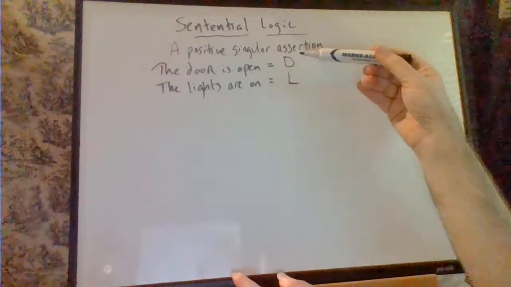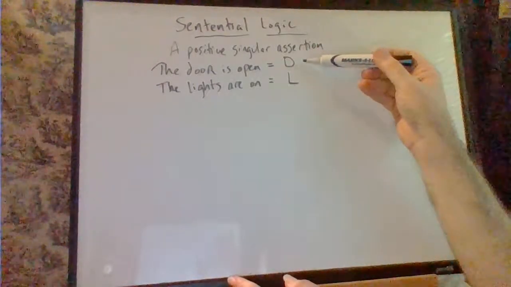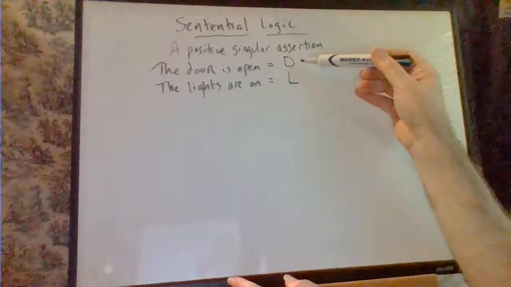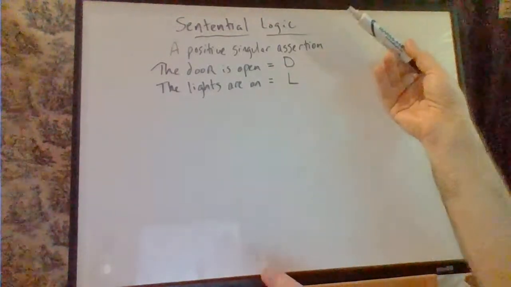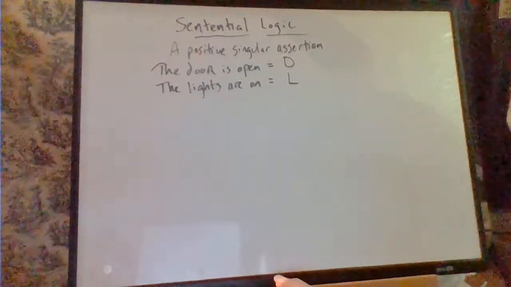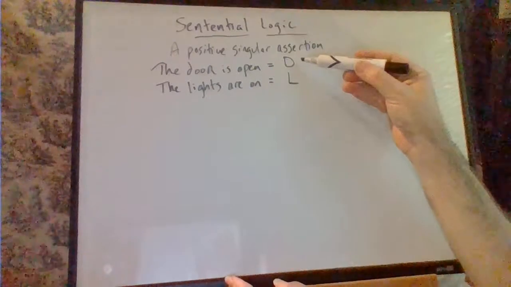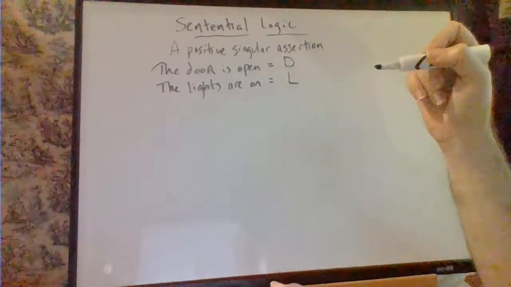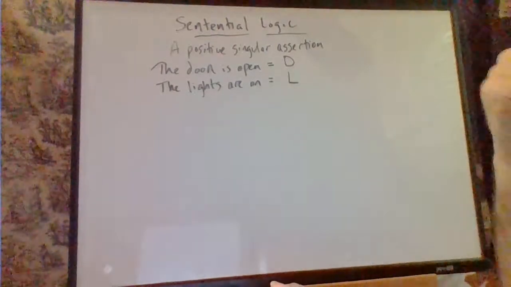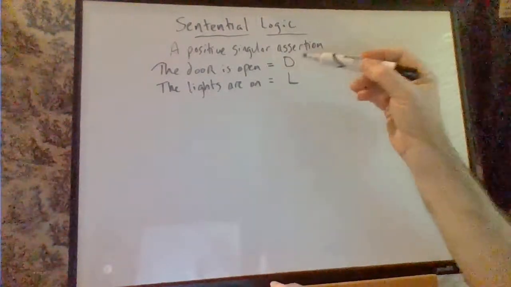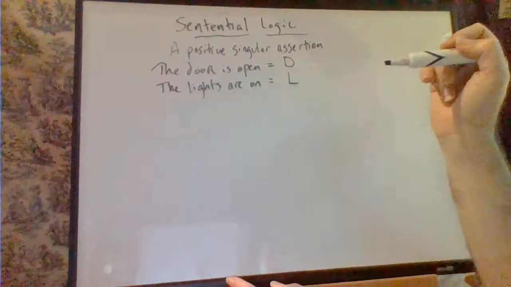So if you had the door is open and the drains are clogged, you couldn't use D for both door and drains. You'd have to use some other letter in that case. But generally speaking, this rule applies and works well for us. So I would just assign a sentence letter to any singular positive assertion. Again, the door is open, I would call D. The lights are on, that is L.